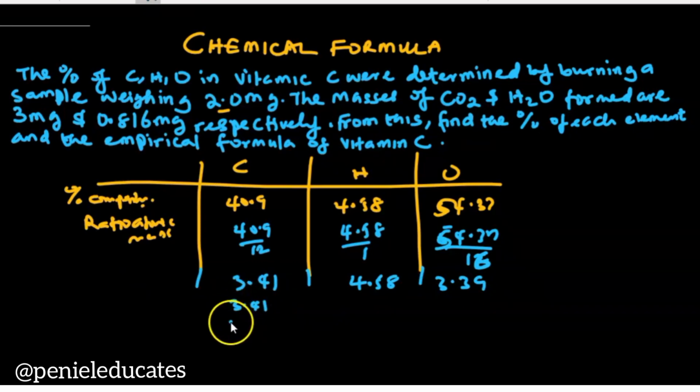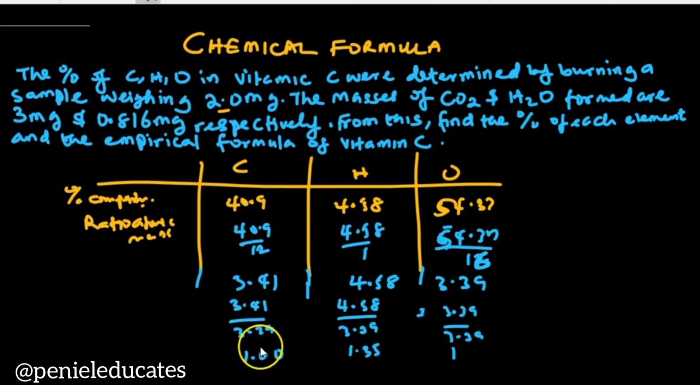If you divide by the smallest number, 3.41 divided by 3.39 gives you 1. 4.58 divided by 3.39 is going to give 1.35, and 3.39 divided by 3.39 is 1.